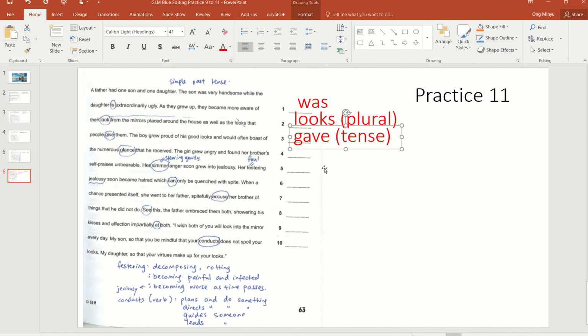Looking at the fourth line, numerous glance that he received. The girl grew angry and found her brother's self-praises unbearable. Numerous is a clue word. And you can see that since numerous means several, some, glance should be glances.